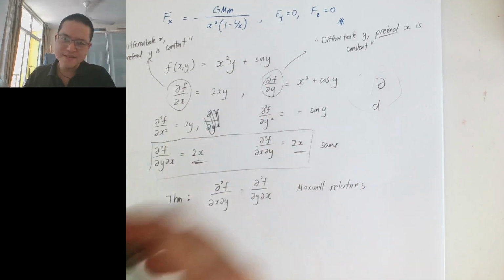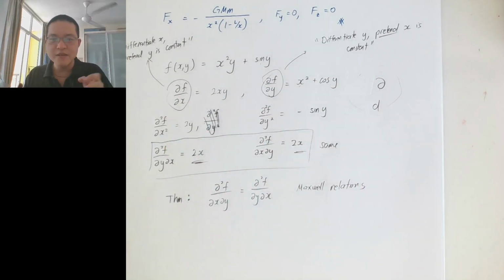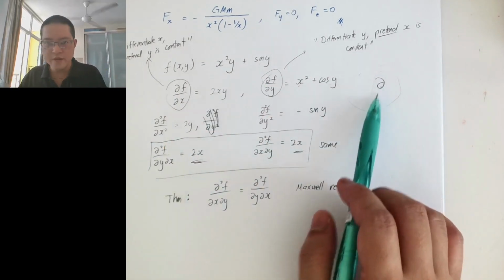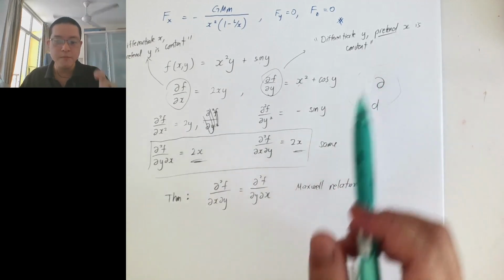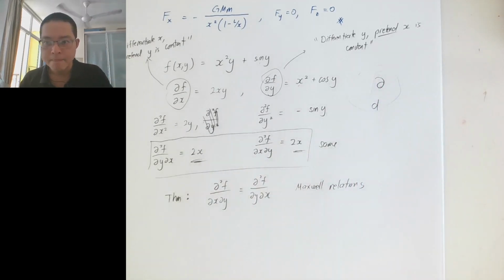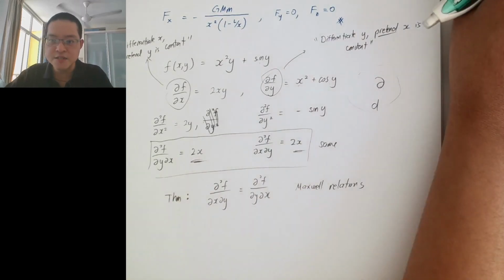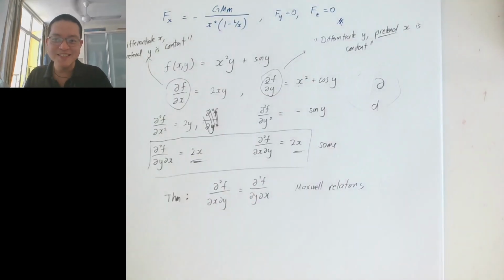For now everything is differentiation, so it makes no difference, but we should get used to this, because in the future it will become important. Yes, the straight d is for exact differential. The curly d is like the 6 upside down.